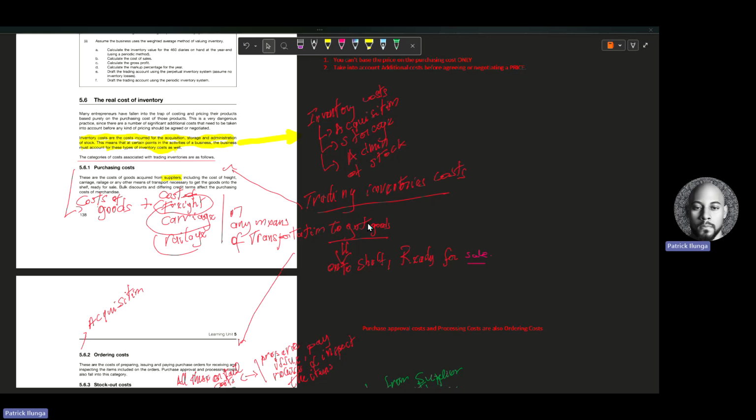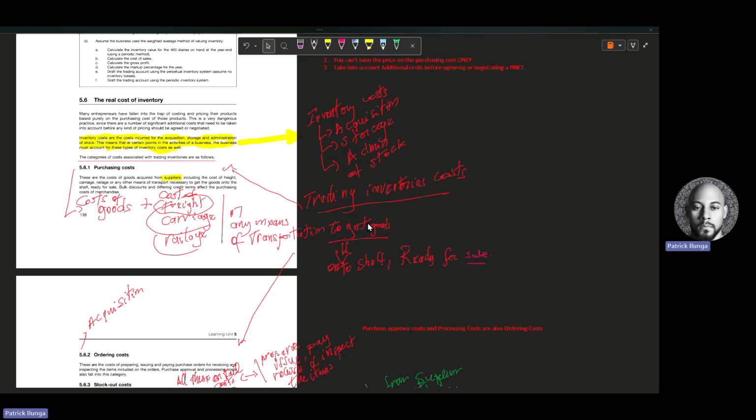But when we're dealing with trading inventories, so we are maybe talking about a retail business that buys from a supplier and sells to customers, to the general public, some of those costs will obviously be your purchasing cost. When you're looking at the purchasing cost, you are looking at the cost of goods.